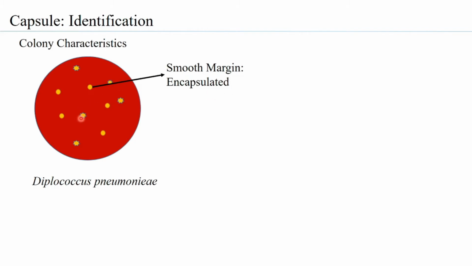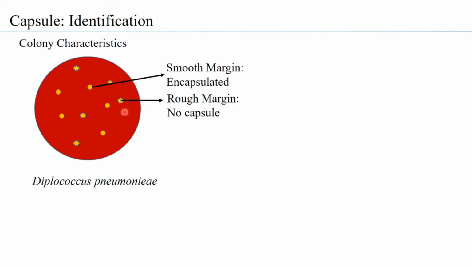Whereas the other colonies that were present are also Streptococcus pneumoniae, but these colonies were not smooth, instead the margin was rough. And it was observed that these rough colonies did not have a capsule around them. So therefore, S.F. Griffith named the ones that had a smooth margin as smooth strains of Diplococcus pneumoniae, and the ones that did not have the capsule and formed a rough margin were called the rough strain of Diplococcus pneumoniae.